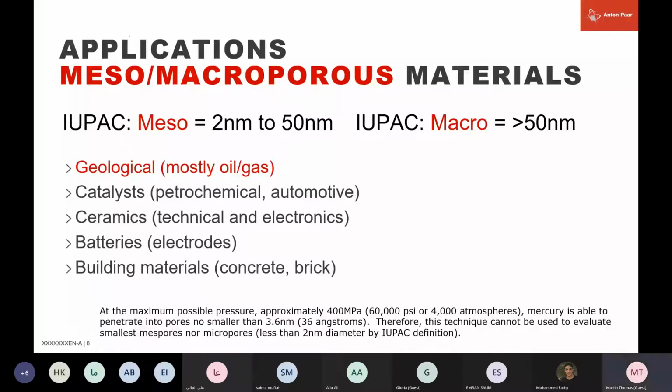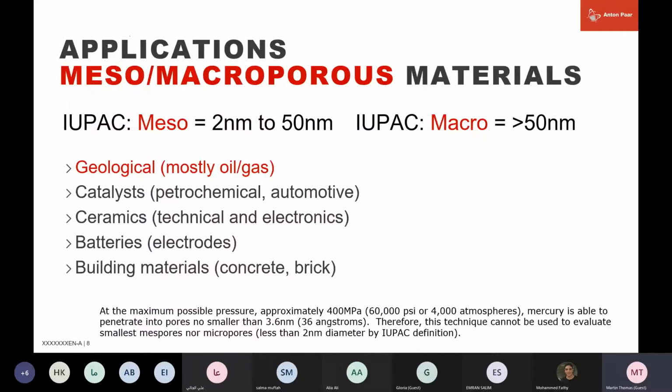And then if you want to take oil and gas from ground to end use, we pick up an application for automotive catalysts as well. So even when petroleum gasoline gets into the automobile, we have an interest to characterize pores on those catalysts as well. Various ceramics, technical and electronic ceramics, are often characterized by mercury porosimetry.